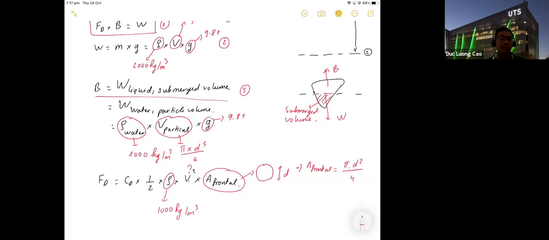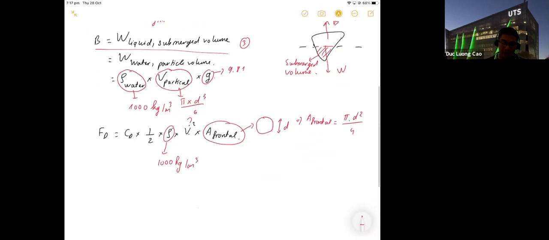Now, if you want to find velocity, you have to know CD. How to find CD and velocity in this case? This one is a sphere.